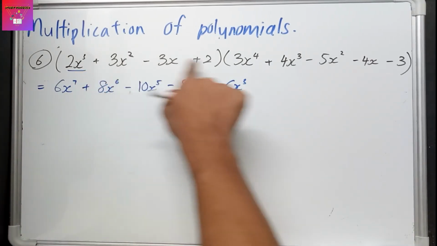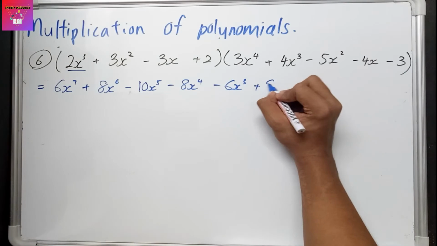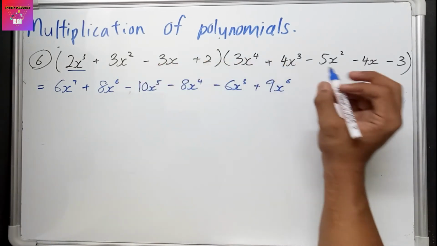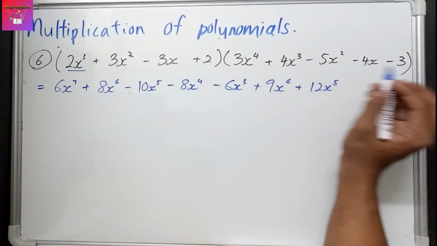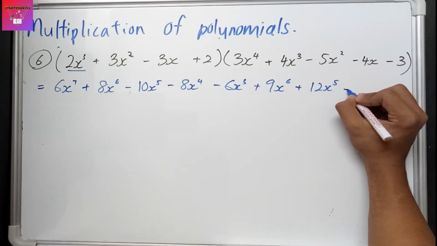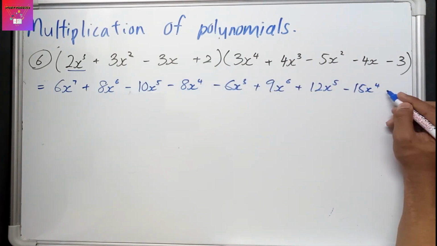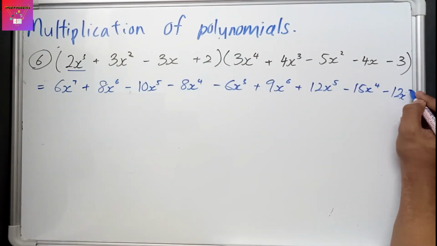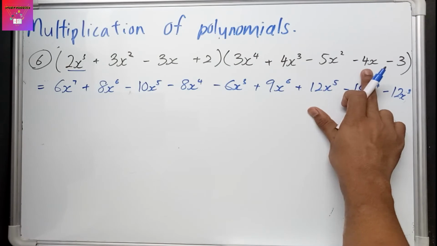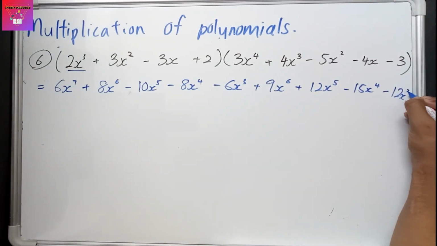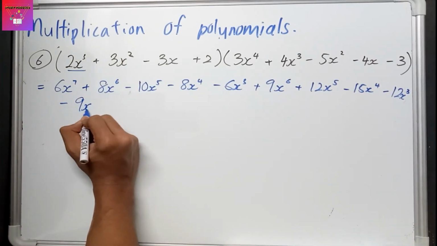Now we are going to move to 3x square, multiply with all the 5. So 3x square times 3x to the power of 4, you are going to get 9x to the power of 6. 3x square times 4x cube, you are going to get 12x to the power of 5. 3x square times negative 5x square, we are going to get negative 15x to the power of 4. 3x square times negative 4x, we are going to get negative 12x cube, followed by 3x square times negative 3, we are going to get negative 9x square.